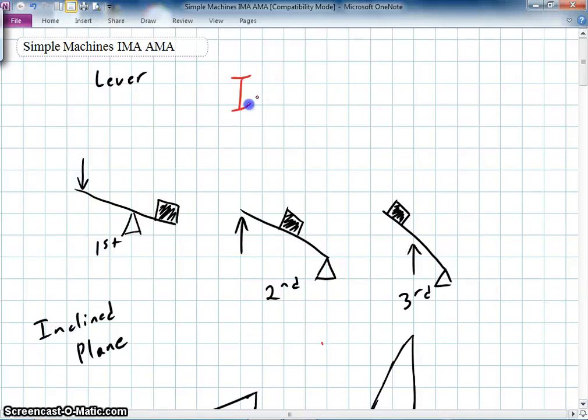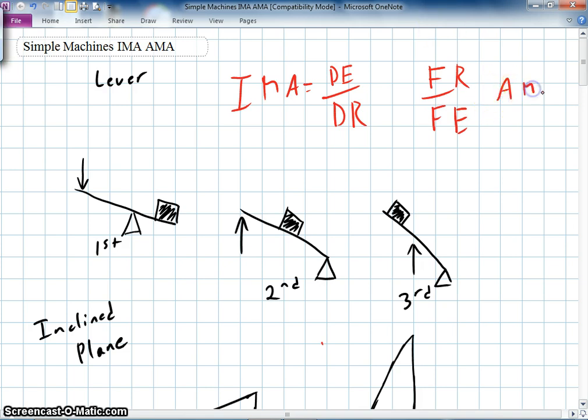So if you recall, IMA is equal to dE over dR, and AMA is FR over FE. Now, so we're on the same page here, E is effort, R is resistance, and D for IMA is distance, whereas AMA looks for the forces that are applied. So force of resistance, force of effort.